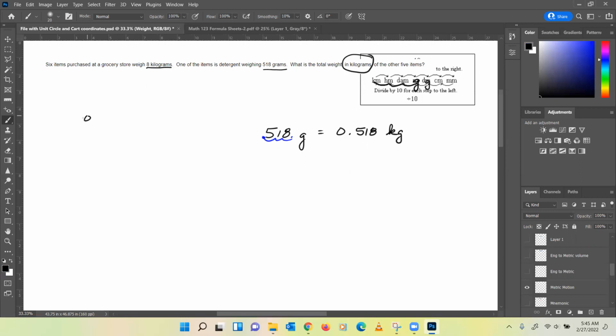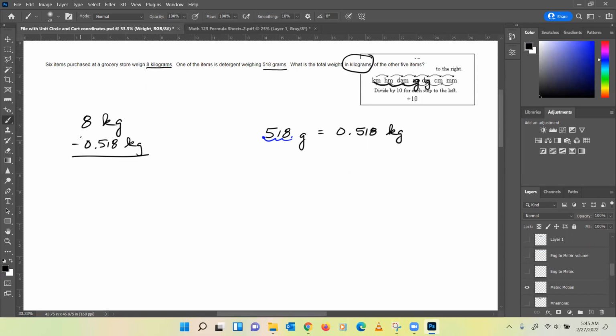And now we come back to our problem. We've got 8 kilograms. One of the items is 0.518 kilograms. What is the weight of the others?